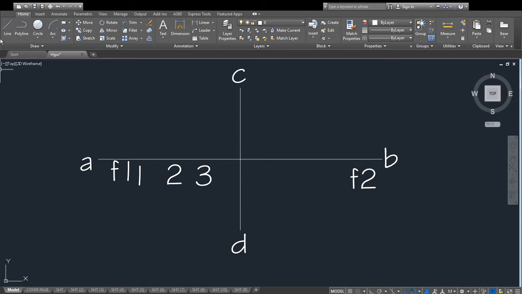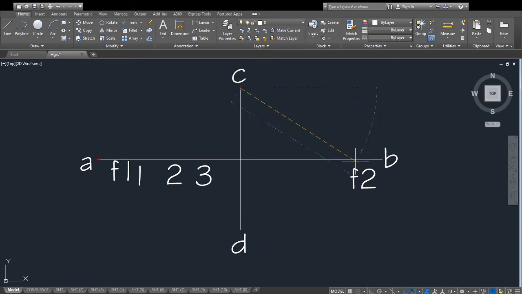Let's do it. I'll pick my arc and come to this point, and this radius now will be from here to here, from this midpoint to here.